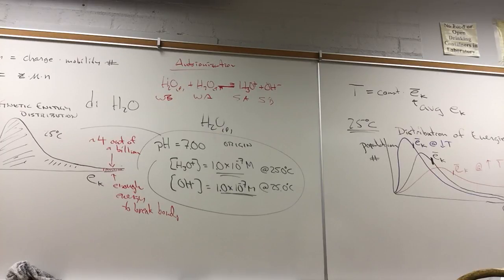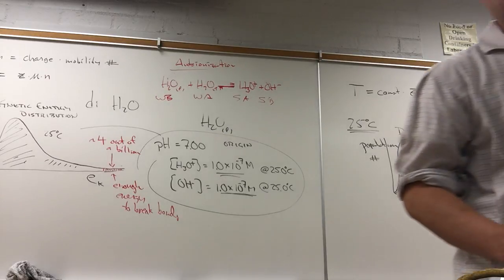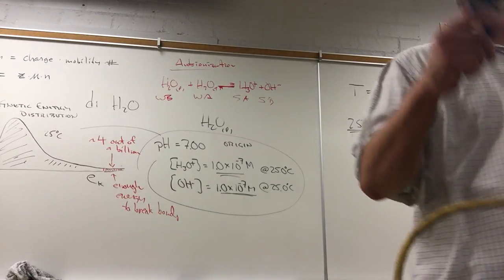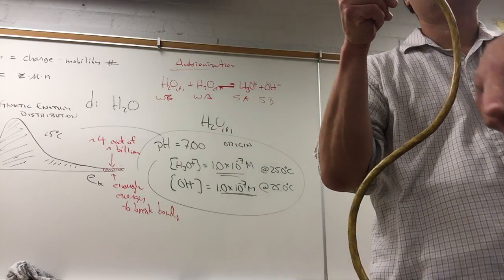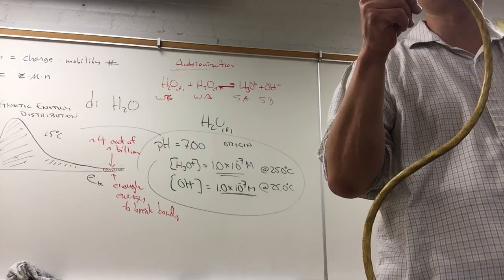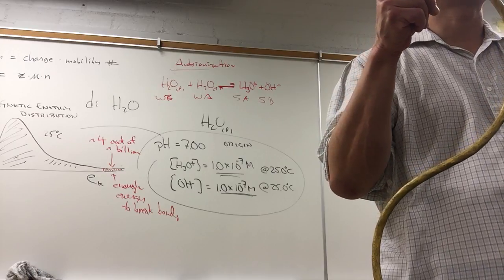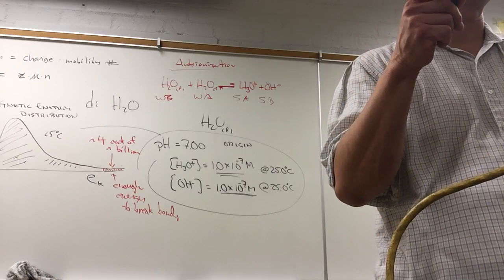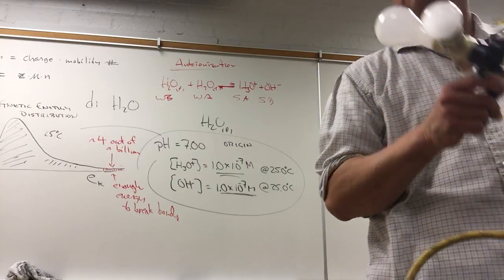Water and electricity don't mix, right? It's very dangerous to have open electrodes like this connected to the electrical outlet and have water present, right? You're going to get electrocuted because water conducts electricity, right?